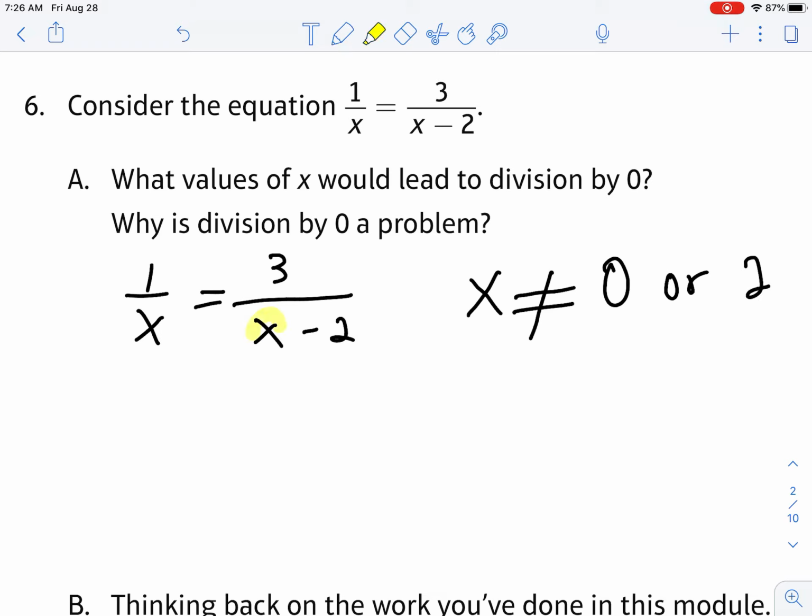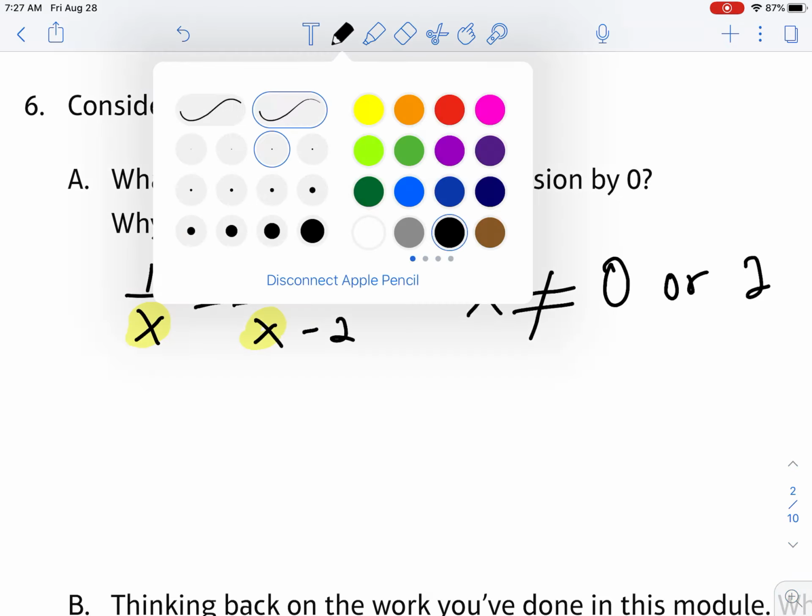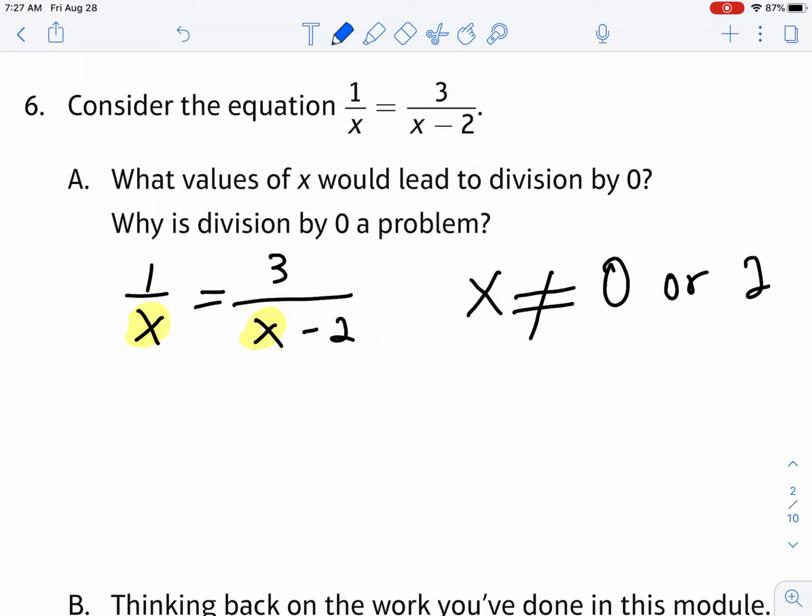The reason we're doing this is to avoid a 0 in the denominator. The opposite of a negative 2 is a positive 2. So if x is a positive 2, these would cancel out and give me a 0 in the denominator.